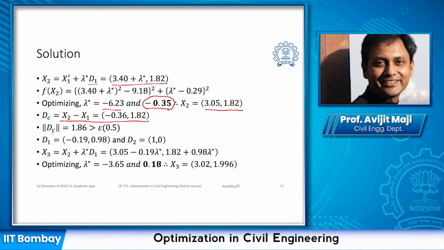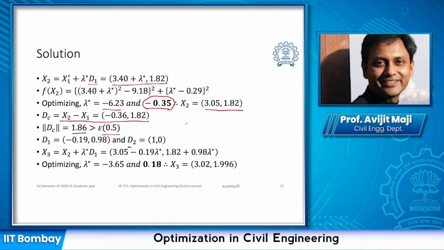The scalar quantity of the conjugate direction is this, which is more than the precision which we have set for our problem. Hence we need to replace the direction. So what we are going to do is, the last direction was D2, and this D2 direction will now take up the previous direction which we had.